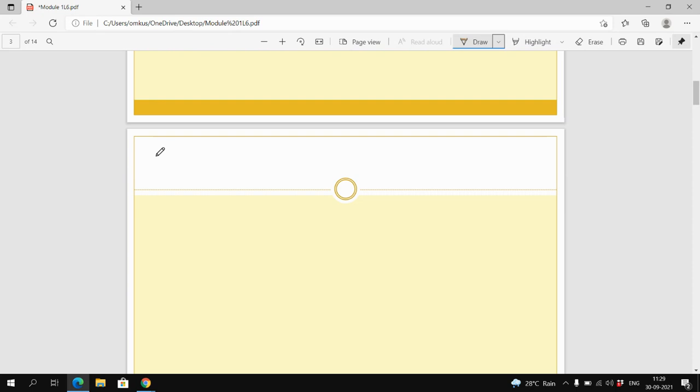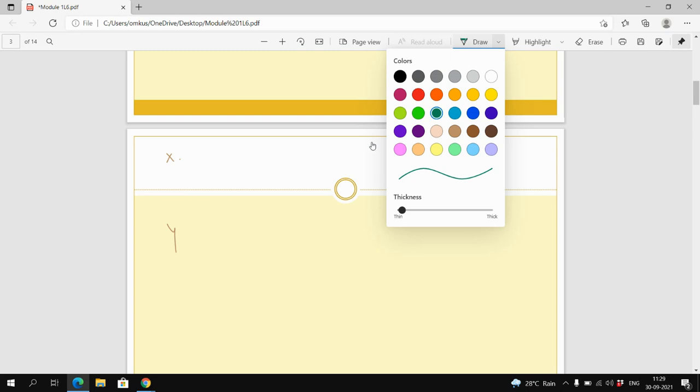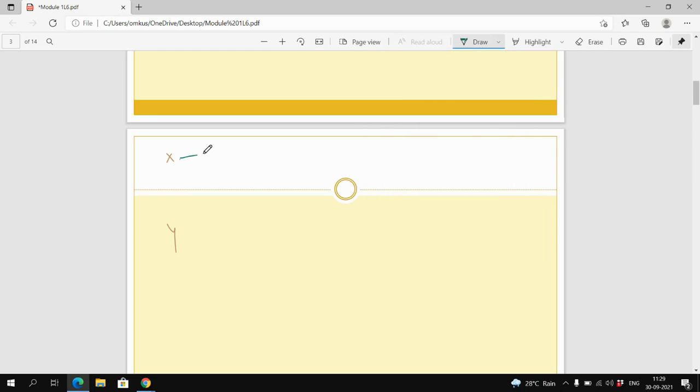Tell me the answer: what is the equivalent resistance across R, X and Y? This is X and this is Y. How much is your resistance?